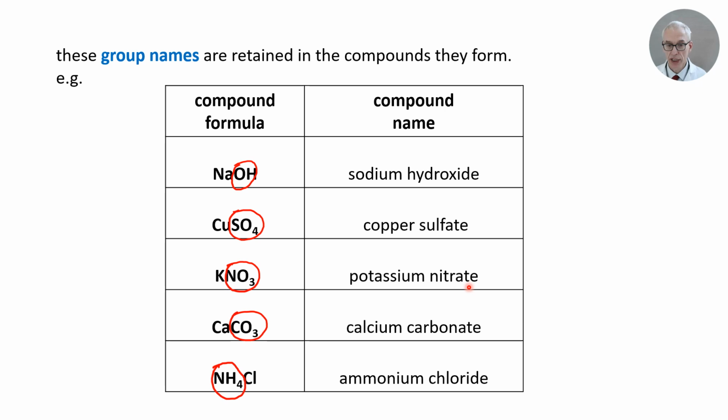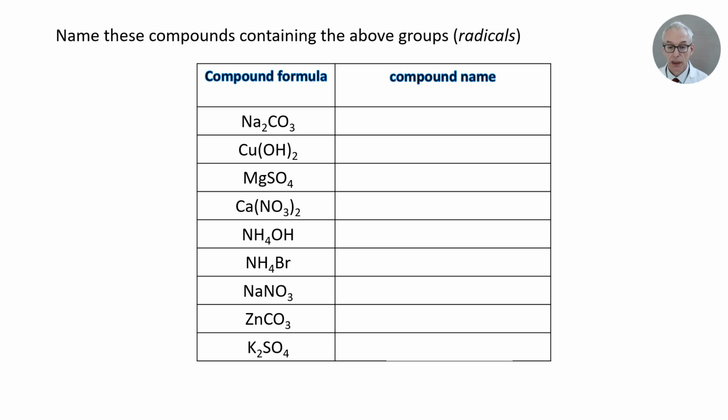NO3 in compounds, nitrate. CO3 carbonate. NH4 ammonium. So let's name these compounds, which all contain the reactive groups mentioned on the previous slides, which you may see in some textbooks referred to as radicals.